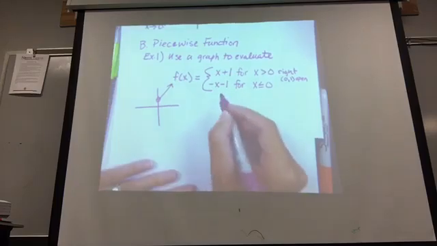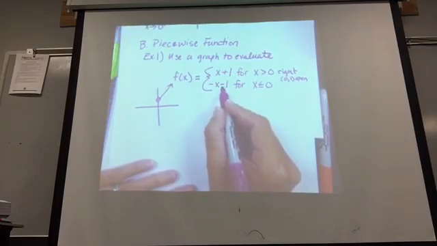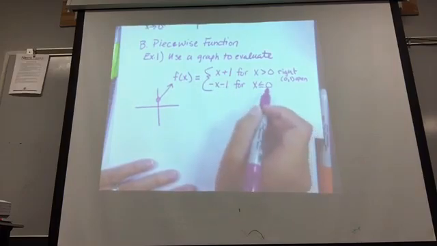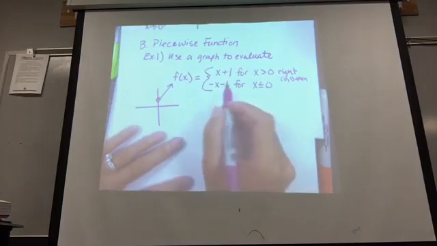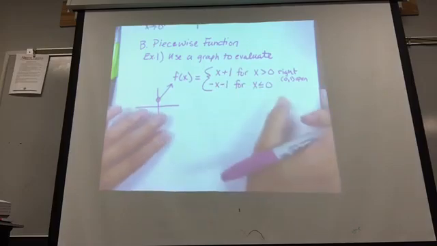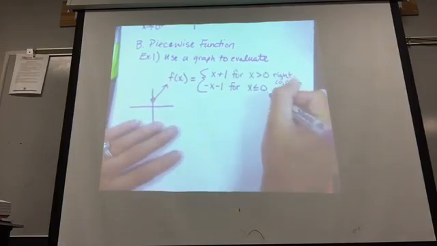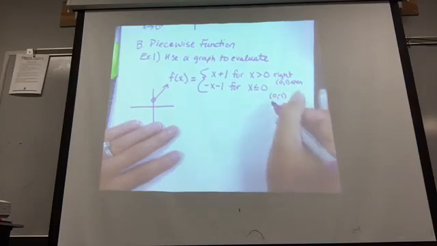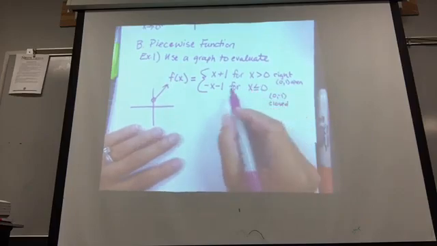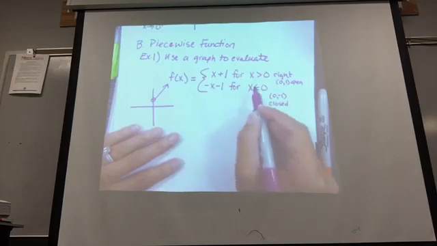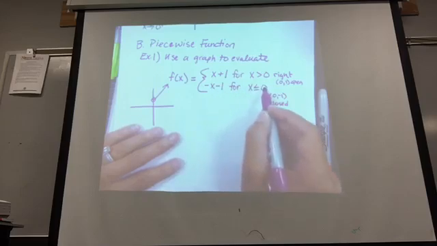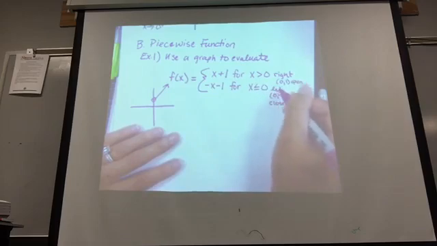Okay, now for my next one, it includes 0. So at 0, 0 minus 1 is negative 1. So I have the point (0, -1). Since it's included, it's closed. This expression is graphed for when x is less than or equal to 0, so it's moving to the left.